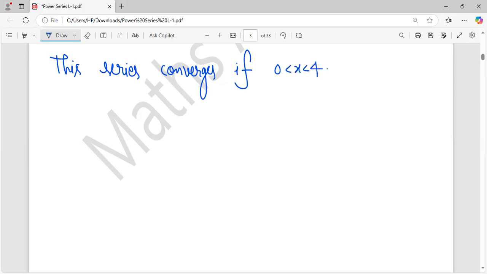You can use this in the earlier example also, summation of x to the power n, that is also a geometric series. Okay, no problem.